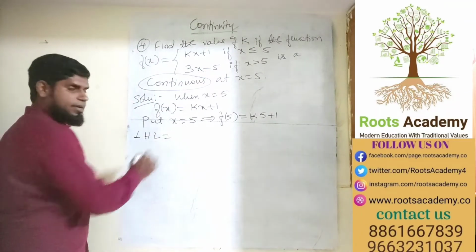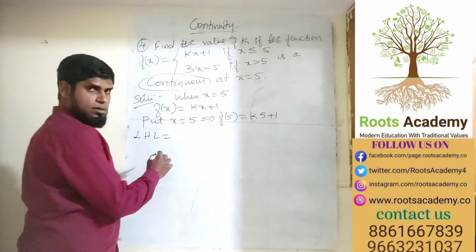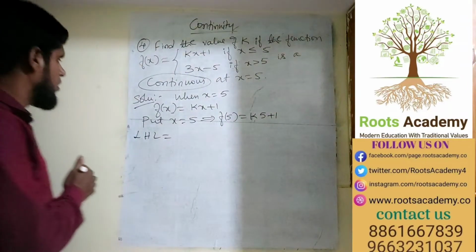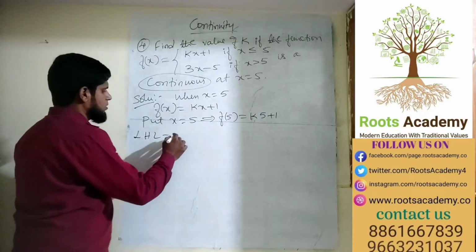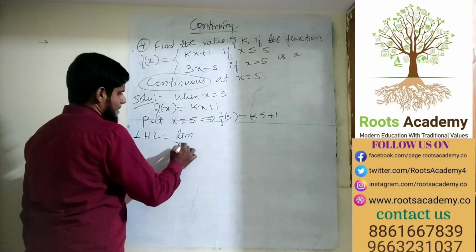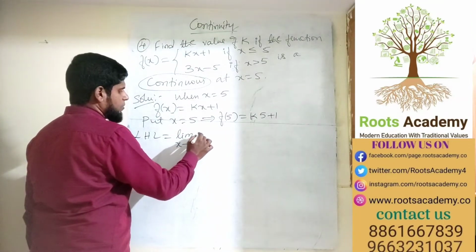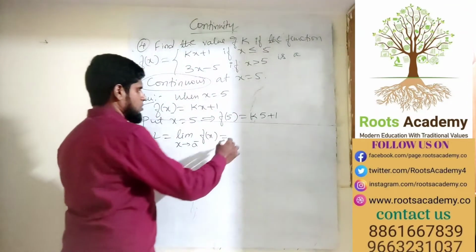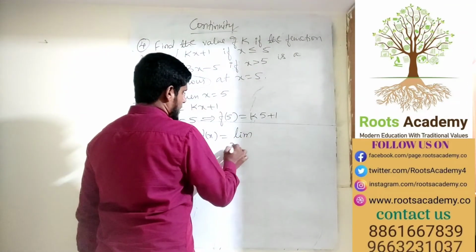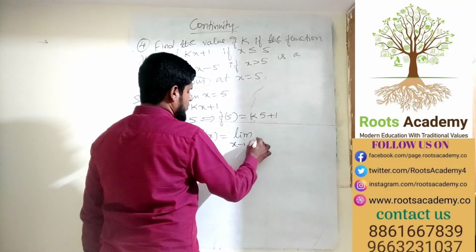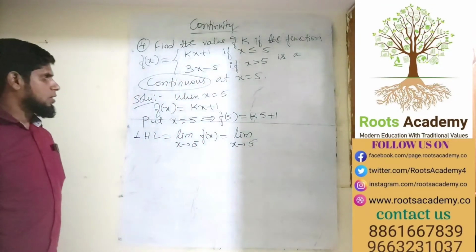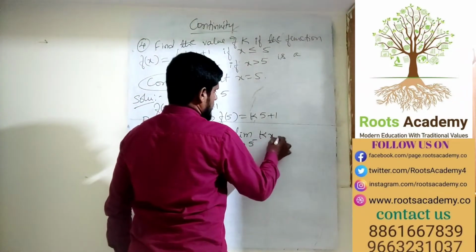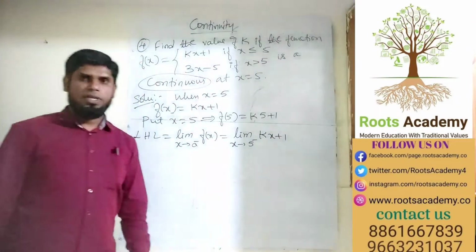Next is the left hand limit. The left hand limit is the limit as x tends to a from the left of f of x, which is the limit as x tends to 5 minus of f of x, which is kx plus 1.